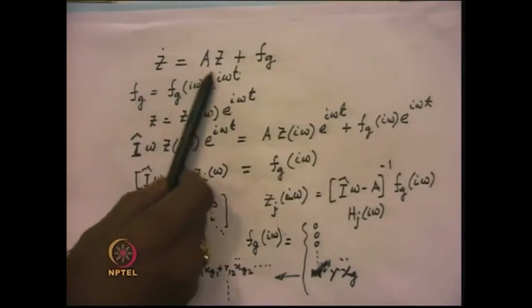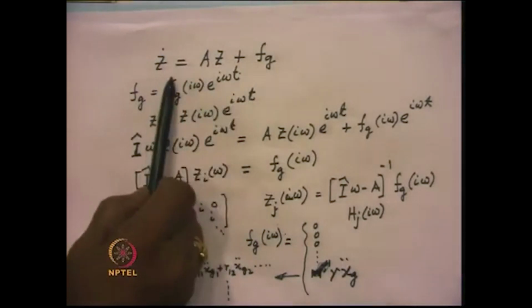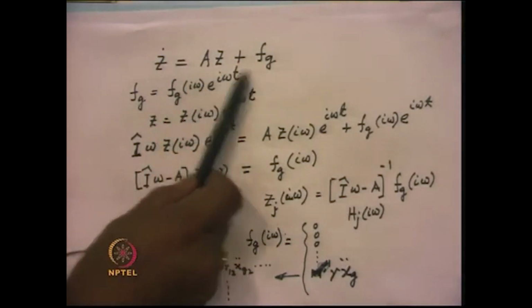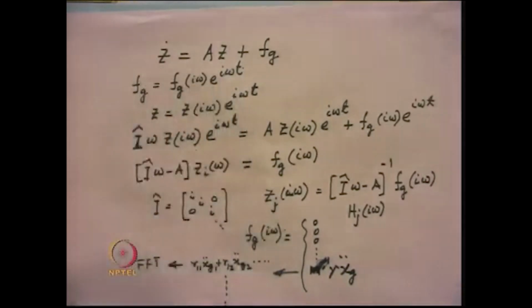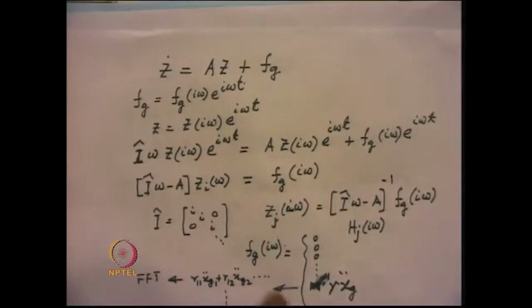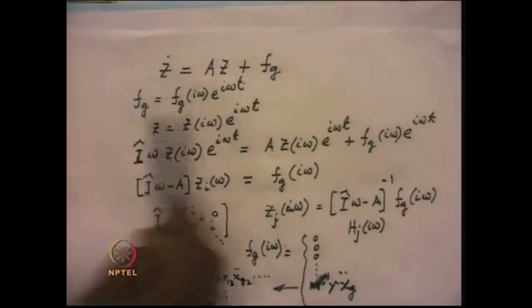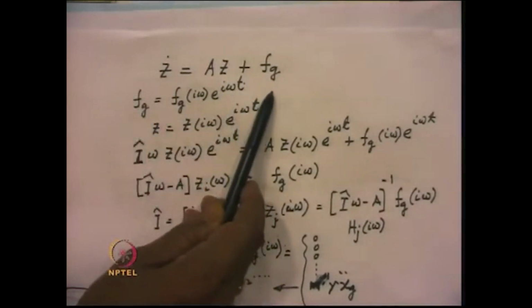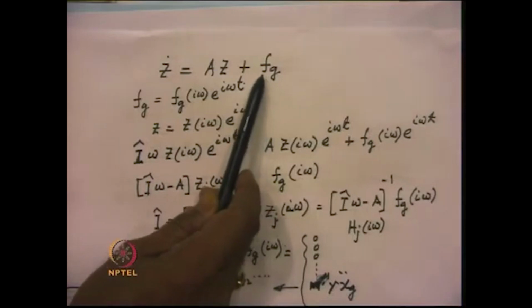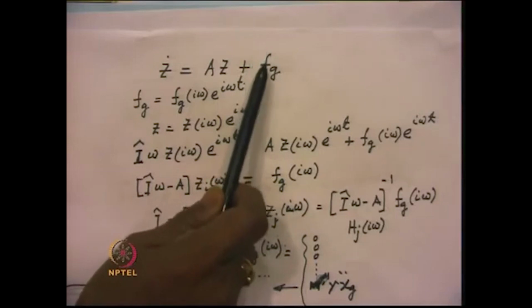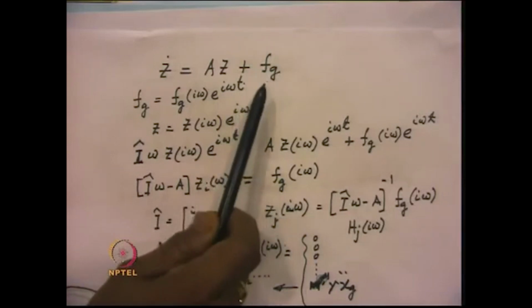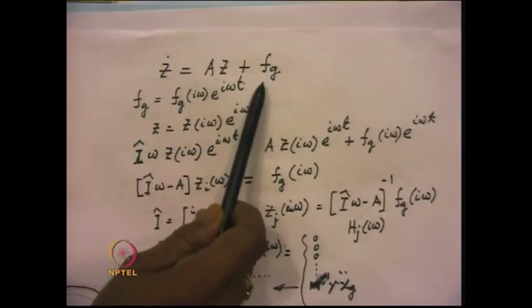So, let me first clarify this. Say this is the equation, Z dot is equal to A Z plus Fg, and we say that we are able to Fourier synthesize this Fg, which is described in time. Mind you, Fg is a vector, and the top values are 0 and the last values have non-zero values corresponding to the time history.